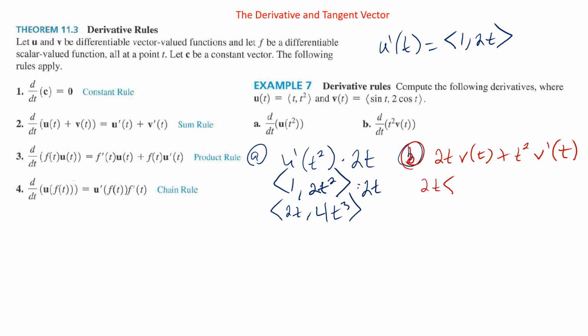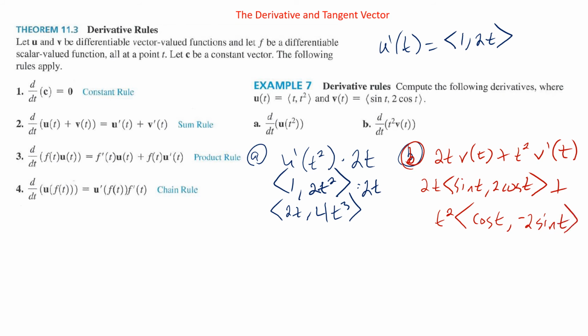V of t is going to be sine t, comma 2 cosine t. Plus t squared times the derivative of that. Derivative of sine is cosine t, comma, derivative of cosine will be negative sine, so negative 2 sine t.